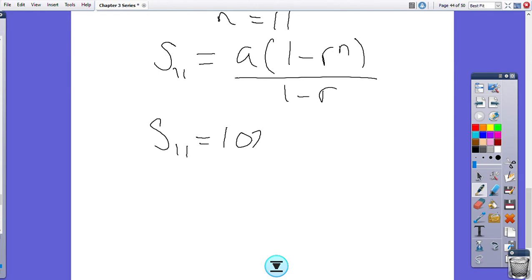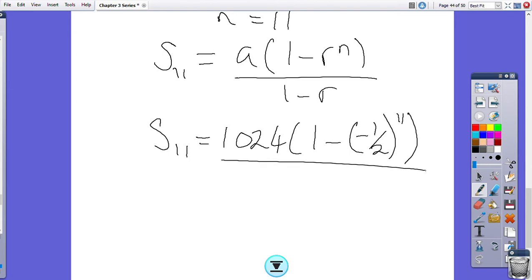You've got 1024 times 1 minus a half to the 11, all divided by 1 minus a half, which is 3 over 2. Plug that all into your calculator and you get 683. Lovely.